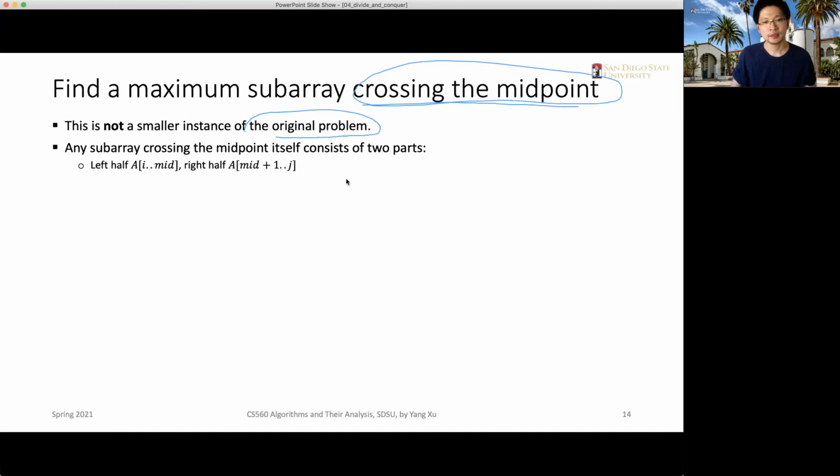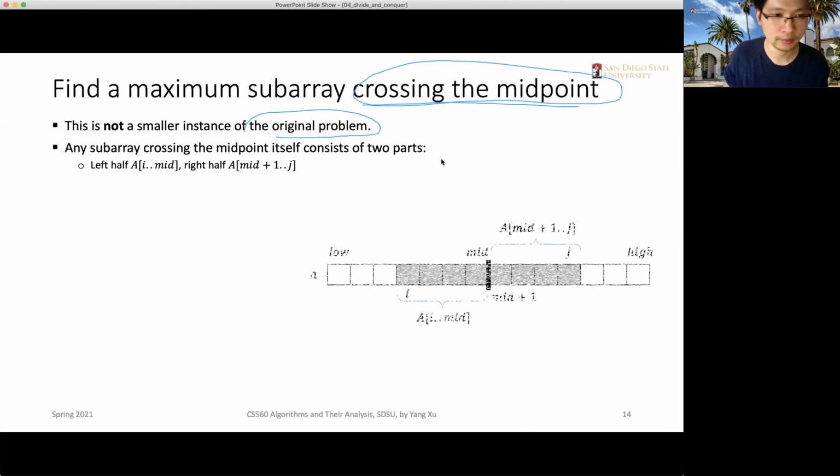All right. So any subarray that crosses the midpoint consists of two parts. I think I mentioned this in the previous slide. The left half is from i to mid, and the right half is from mid plus 1 to j, as shown by this plot again.